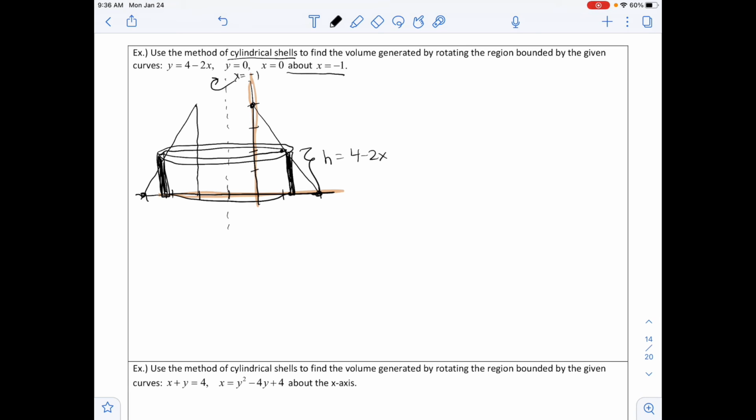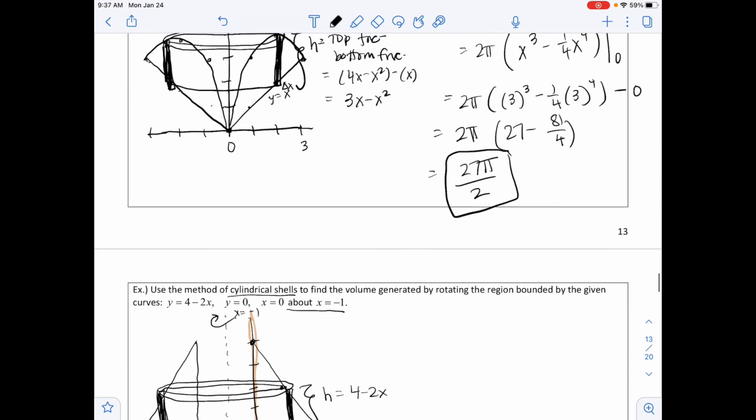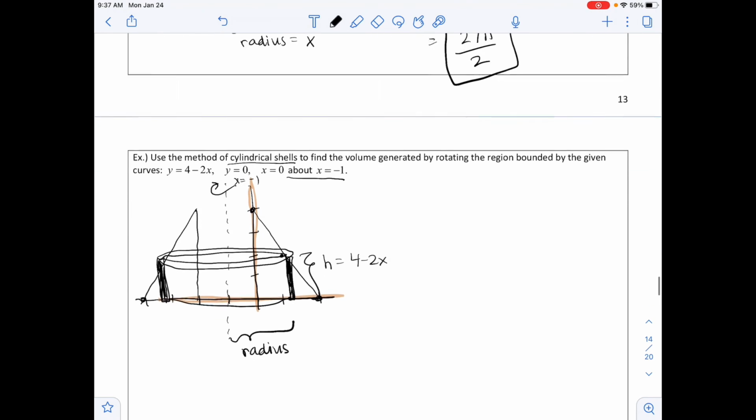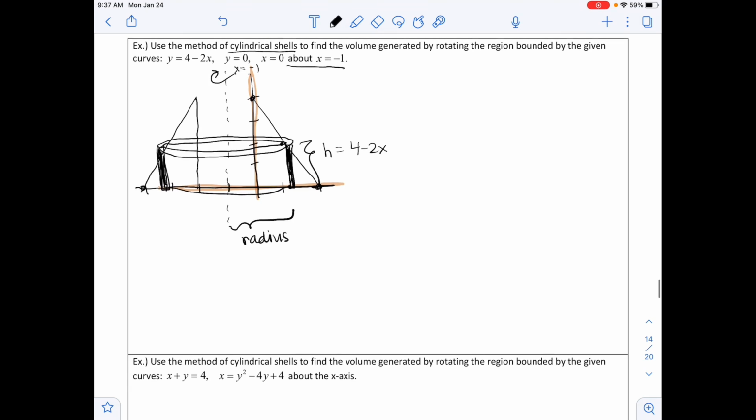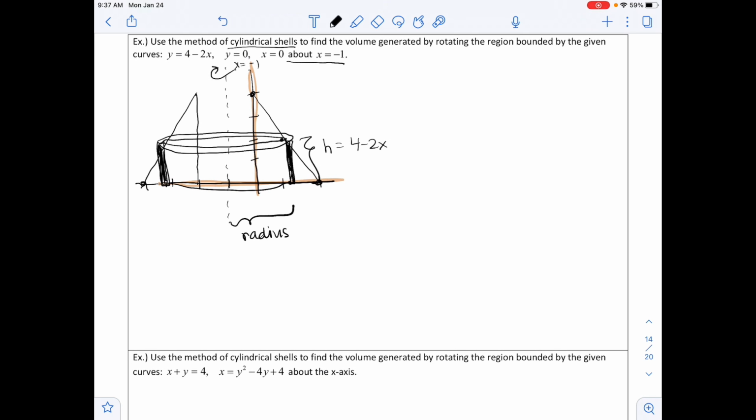And then we need to think about the radius of this. So this would be our radius. And if we go back and we look at the last example that we had, so I'm going to scroll back up here, the radius that we had that I didn't mark on here was just this distance here. We called this radius just equal to x. But for this problem, we don't have it set up the same way, since we're not rotating around the y-axis, we're rotating around x equals negative 1.